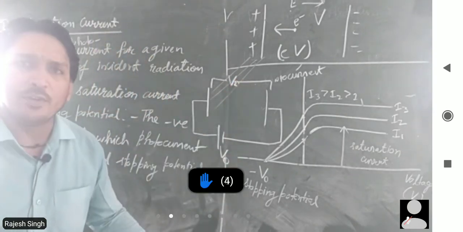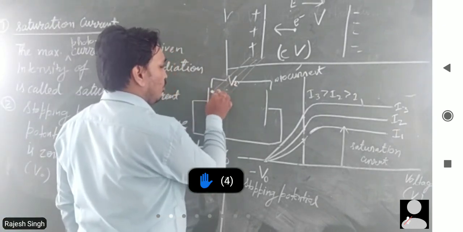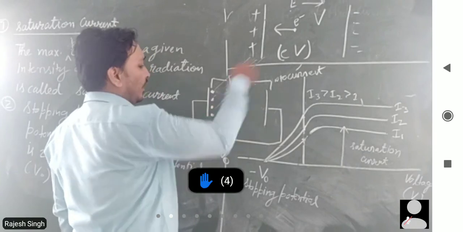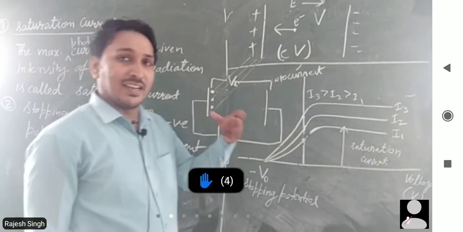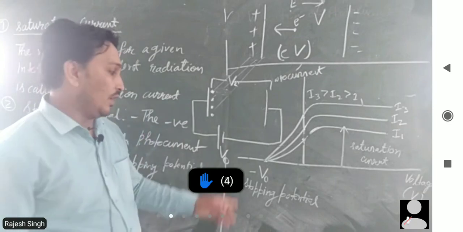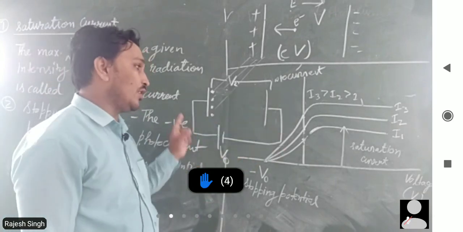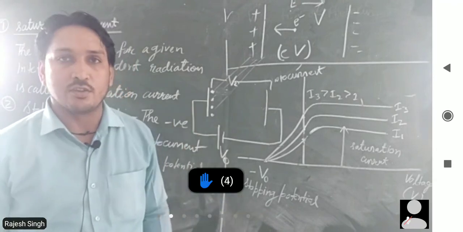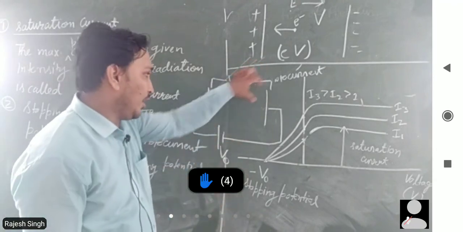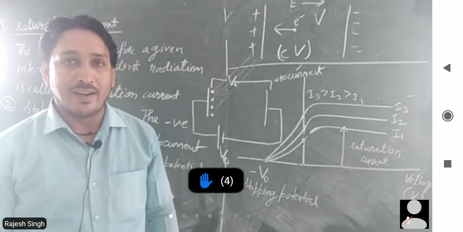It simply means that electrons are not moving from here. Radiation is falling, electrons are getting emitted, but they are not moving. No current is in the outer circuit. Why is it so?